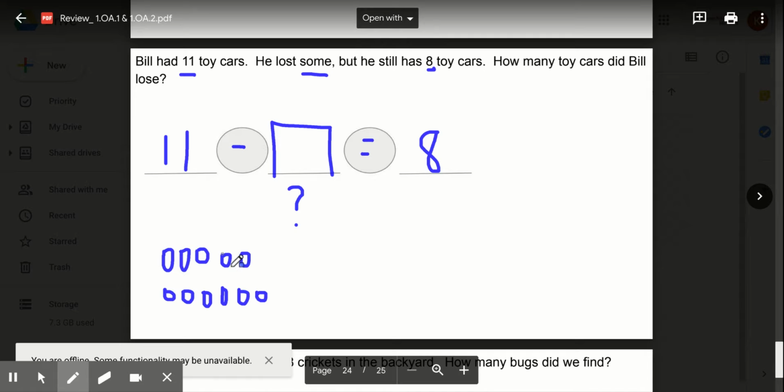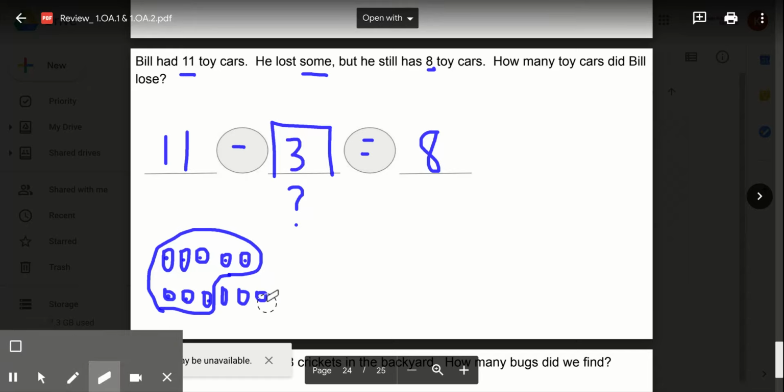So I need to make 8 of these safe because he ends up with 8. 1, 2, 3, 4, 5, 6, 7, 8. So these are the toy cars that he still has after he loses some, and these are the ones that he loses. 1, 2, 3. So these 3 go away, and he still has 8 left.